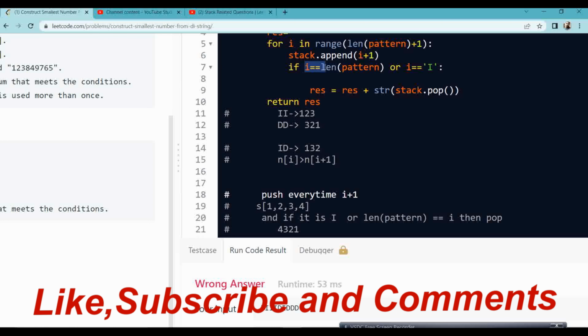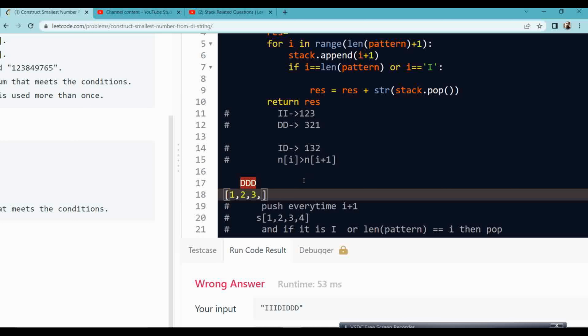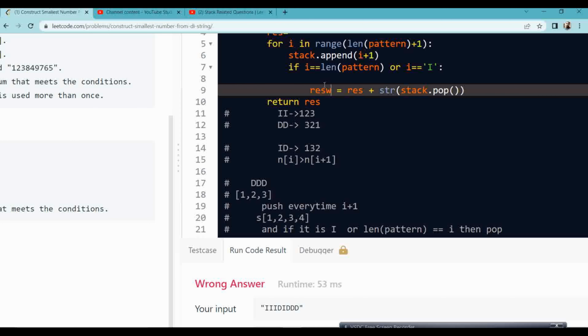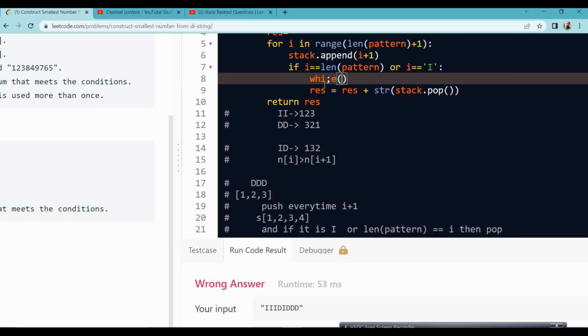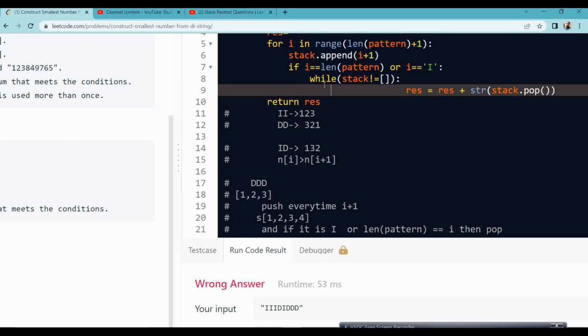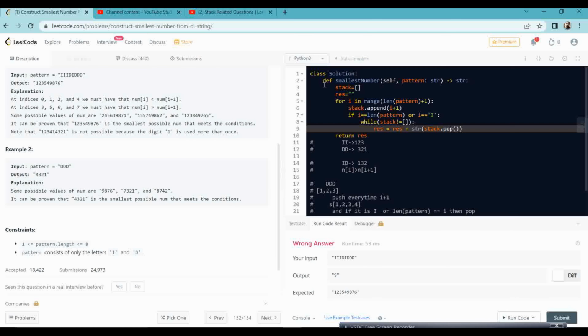But what if I have a D, so in the stack I have 1 2 3. For popping it out I need to write a loop, that is a while loop. So while loop says pop the value from the stack until it is empty. This will make our solution correct, and it will run this time.